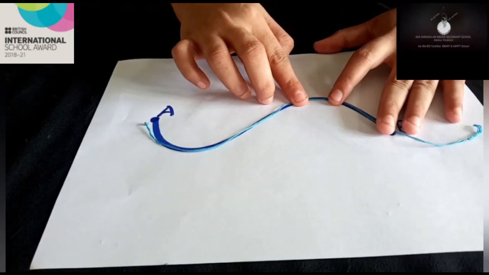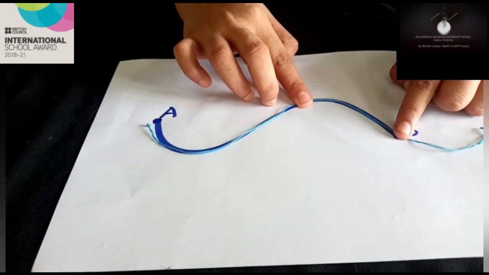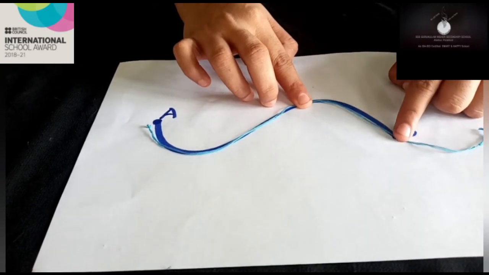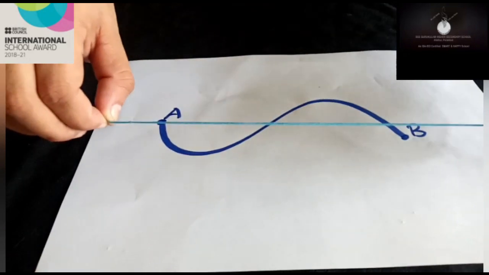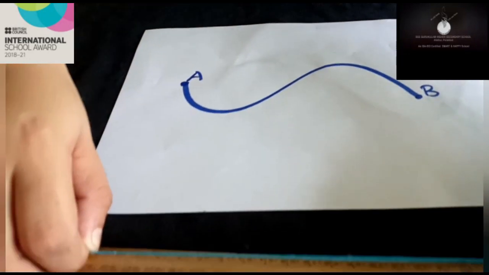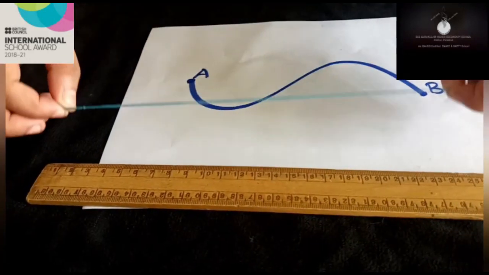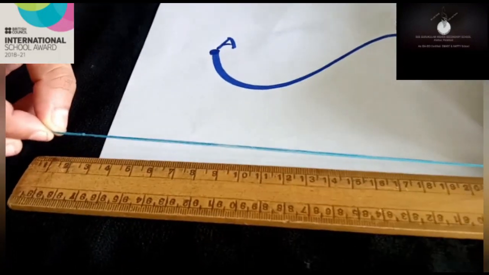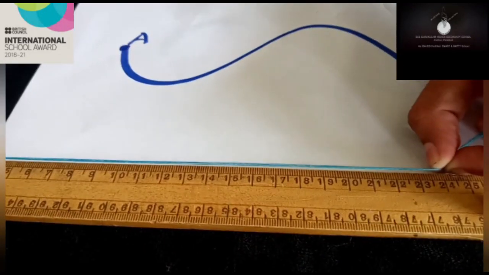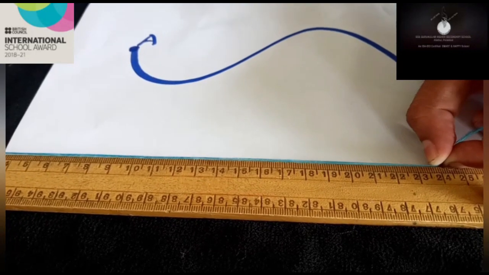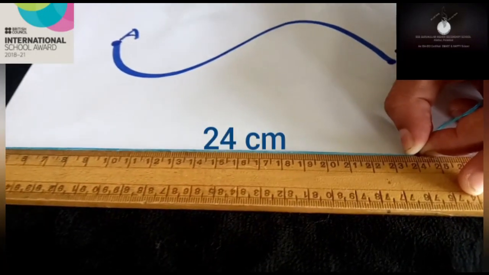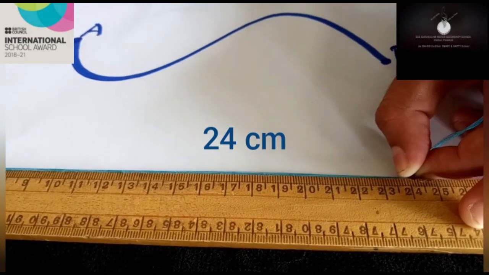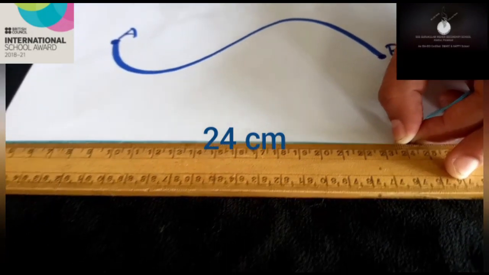Make sure that the end of the thread touches the point B. Now take off the thread and measure its length using a meter scale. So we are going to measure this length. The length of this thread will give you the length of the curved line. In this case we got 24 centimeters. So what is the length of the curved line? 24 centimeter.